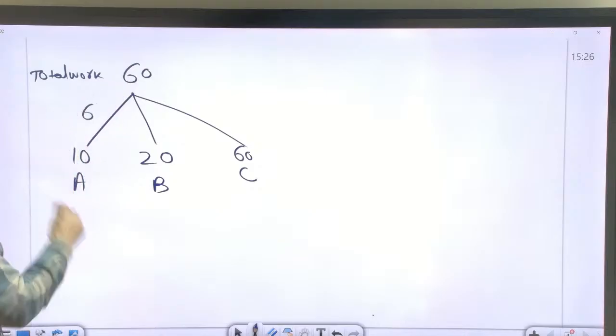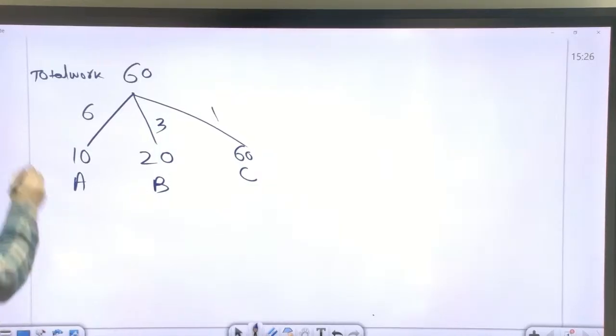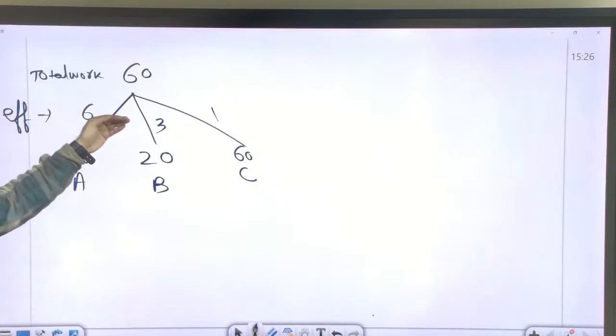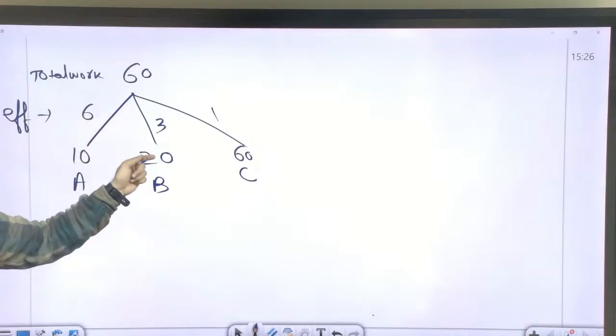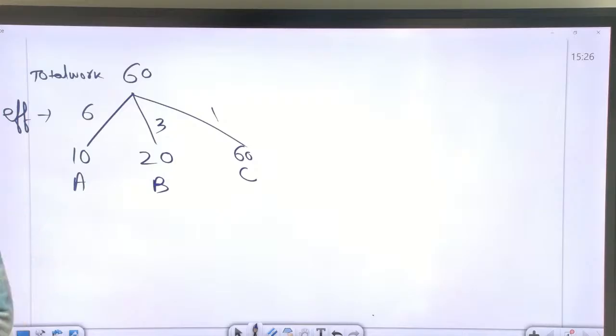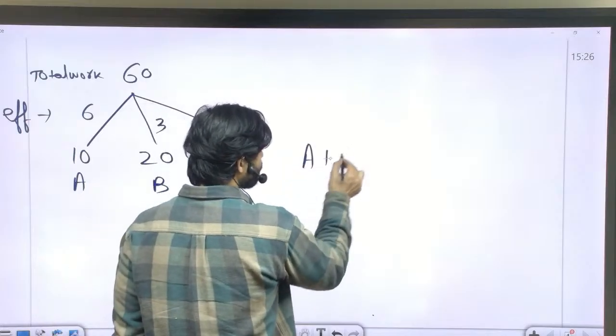Divide this 60 by 10, 20, 60. We are getting 6, 3, and 1. So A does 6 units of work, B does 3 units of work per day, and C does 1 unit of work per day. Are you getting my point? Now we have to find the number of days taken by them all together.